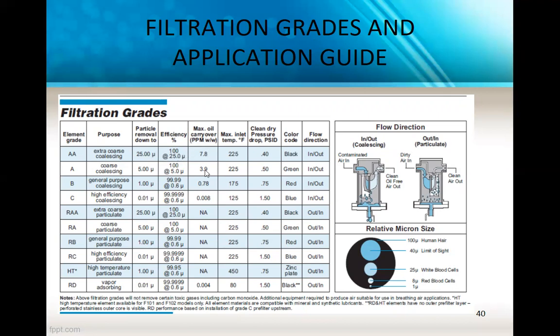Maximum oil carryover. Maximum inlet temperature, 225. Go higher and it can no longer be used. Clean dry pressure drops, this one, 0.4, 0.5. So you can use this for pressure drop.